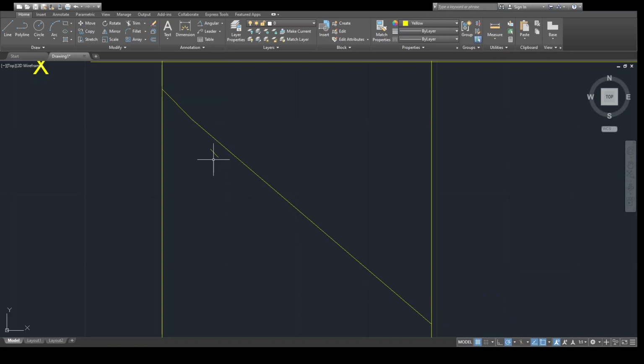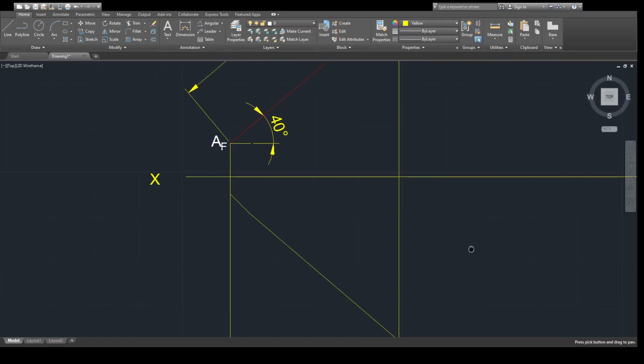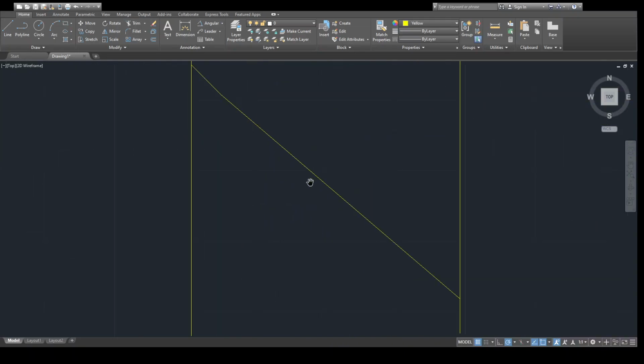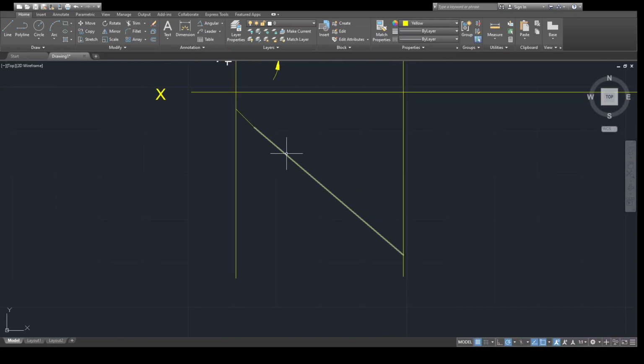I think it is wrong. Better I will use the command extend. Sorry, what happened?